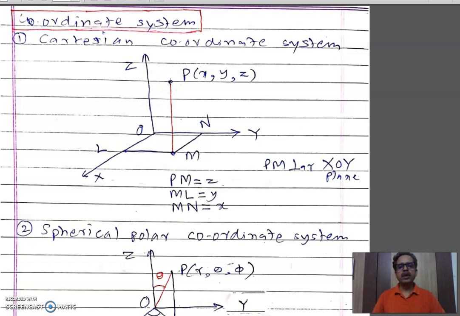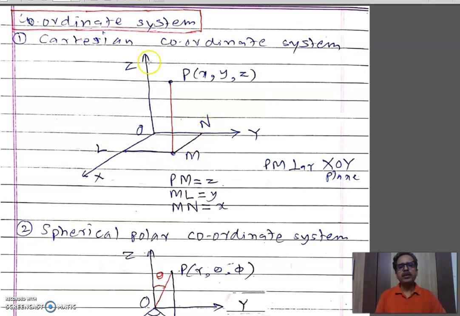From the point P, take a perpendicular to the XOY plane. M is the common point between the XOY plane and the line PM. From the point M, take a perpendicular to the positive x-axis and positive y-axis.